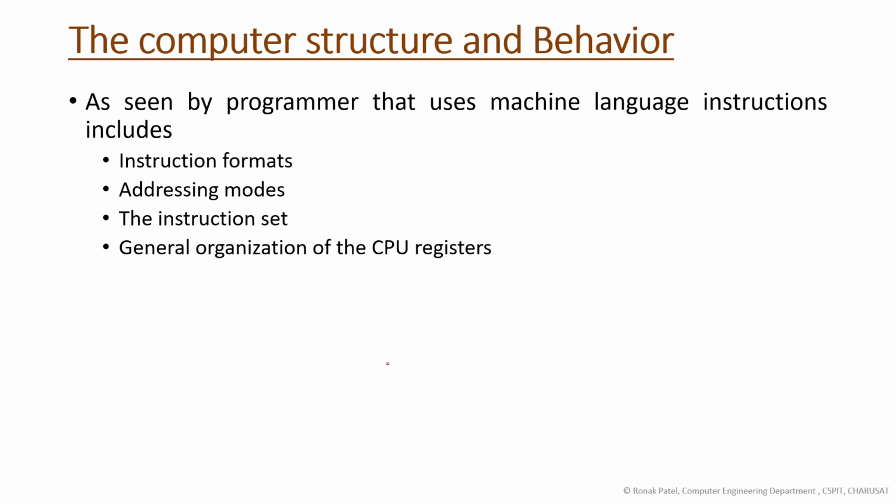The machine language programmer must know what the instruction format is and what the addressing mode is. Sometimes in your instruction the value is directly given, and sometimes you need to refer to memory. Such cases must be known by that programmer.